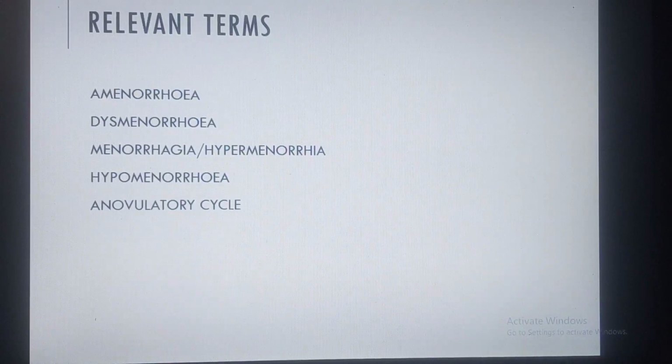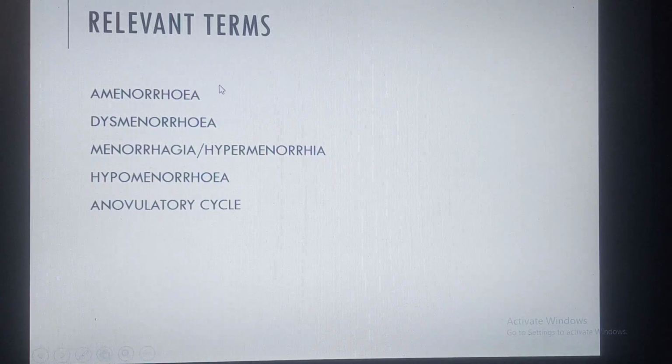Now, having talked about bleeding regarding menstruation, there are some key things which we have to explain, and one of them is known as amenorrhea. When we talk about amenorrhea, that's absence of bleeding at all, so that no blood actually comes out.